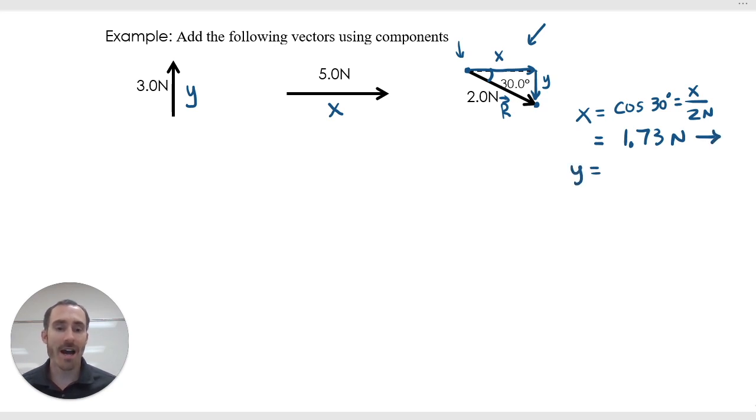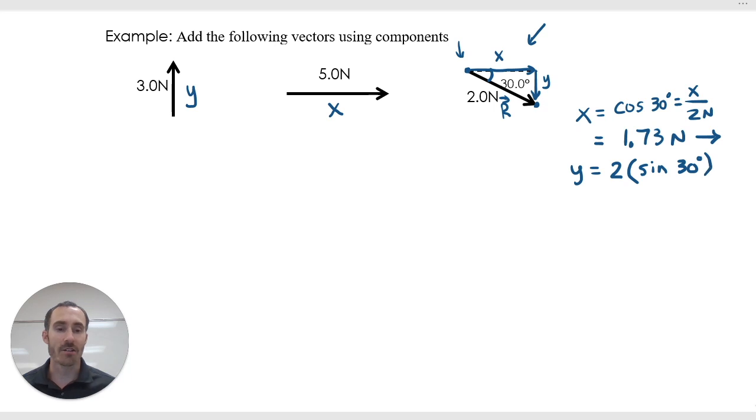And then y, I'm not going to write the whole thing out this time, because I know that I'm always going to be multiplying the hypotenuse by the sine or cosine of the angle. So this is 2 times the sine of 30 degrees.